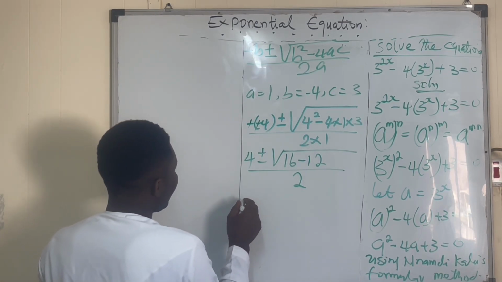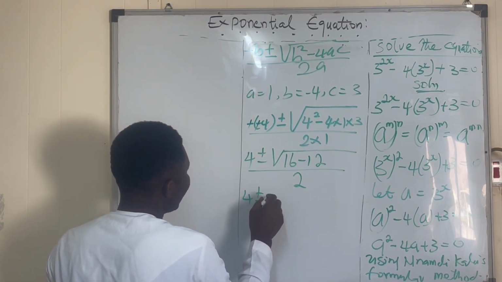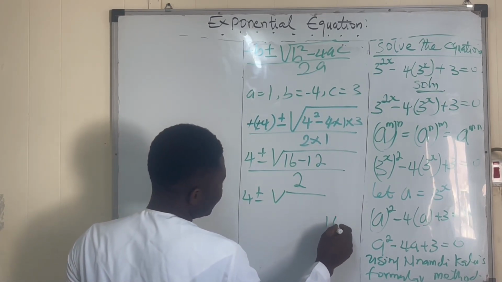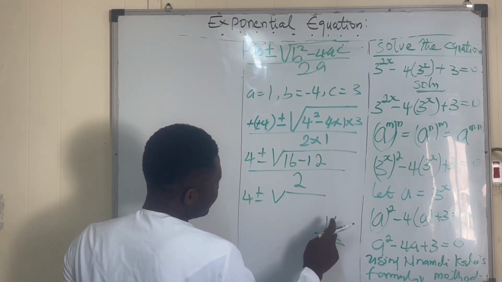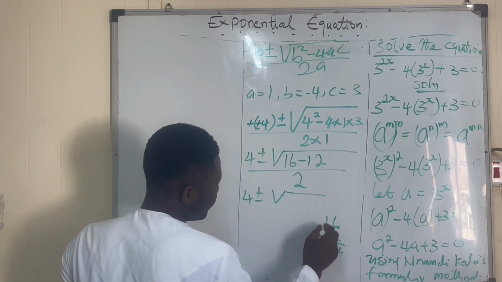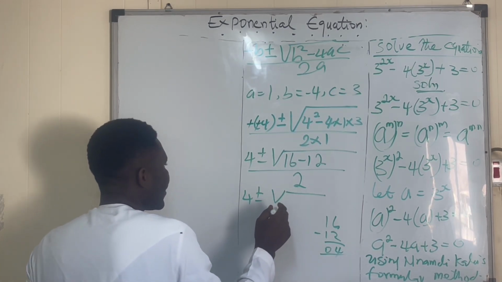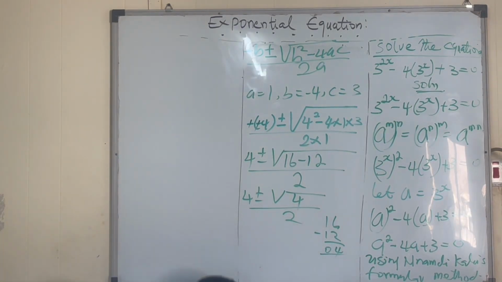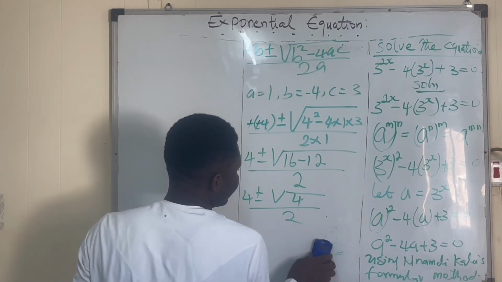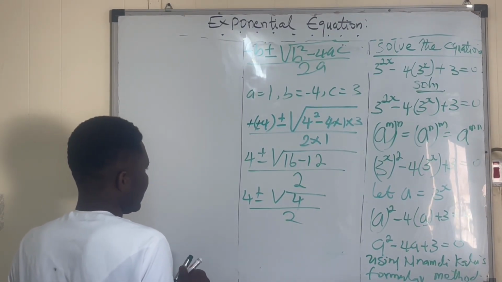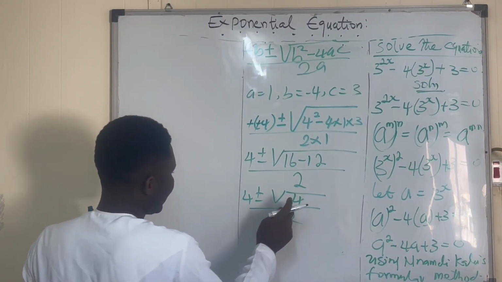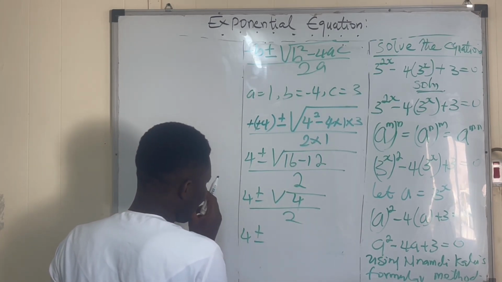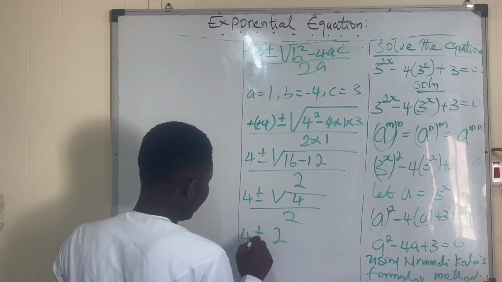So we have 4 plus or minus the square root of 16 minus 12, which is 4, all over 2. Since 4 is a perfect square, we have 4 plus or minus the square root of 4, which is 2, all over 2.